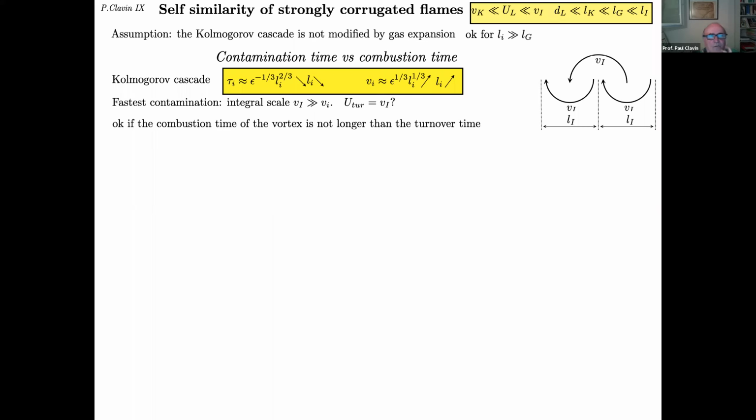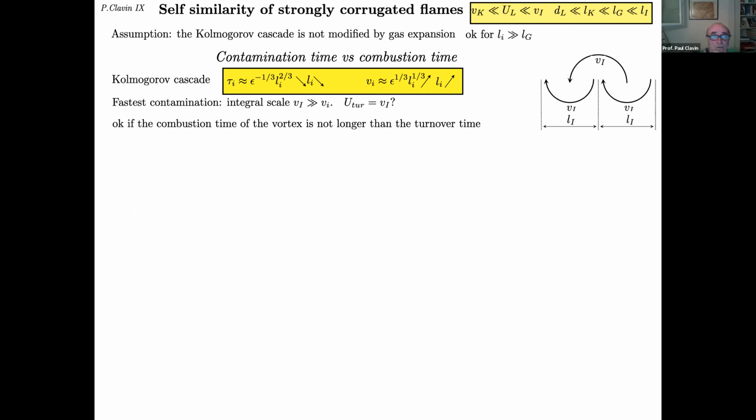So the fastest contamination is due to the integral scale, because the integral scale has a velocity which is larger than all the others. So is this velocity of the integral scale the turbulent velocity? This is right.